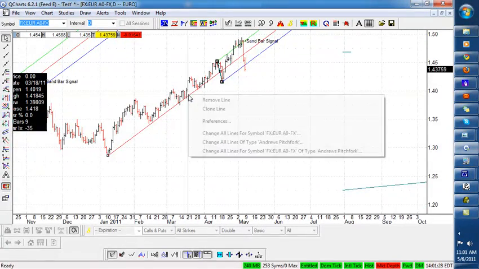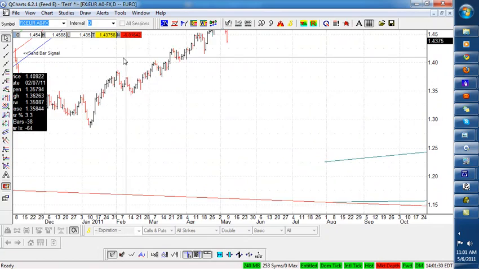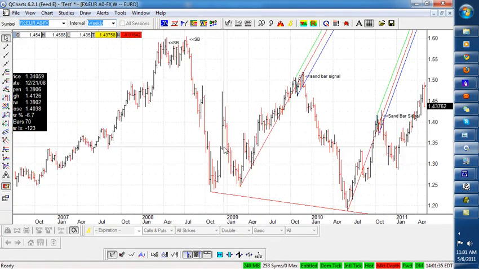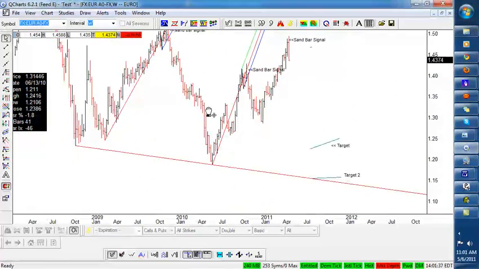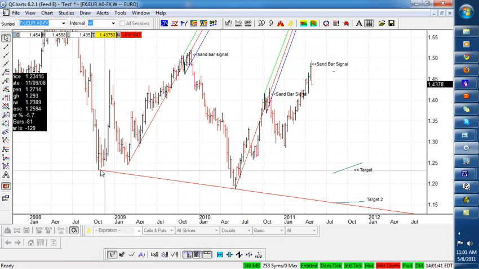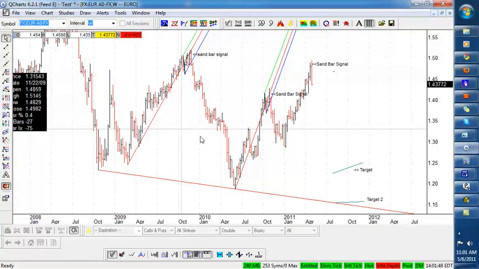Okay, so you have a signal, so what do you do? Well, a couple of things. One is take a look at the overall picture. So if I have 0, 1, 2, 3, 4, 5, 3, 4, okay, 1, 2, 3, 4.